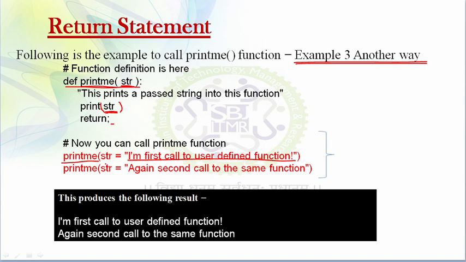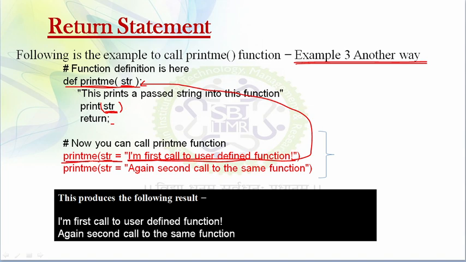So the alternate way is we can specify the variable name. After that we can use equal to. We are directly assigning this string to my variable str, and through this assignment also we can pass this value to the calling function. Okay, so there is an alternate way.